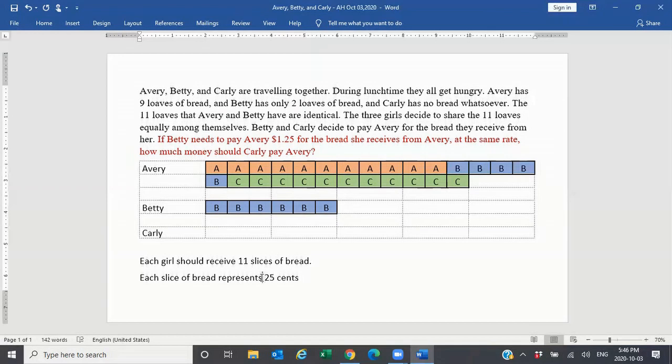Each slice of bread represents 25 cents. Maybe I'll do it this way: each slice of bread is worth 25 cents. Maybe that'll be better. Yeah, I like that better.